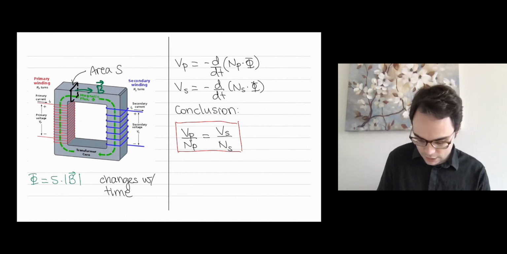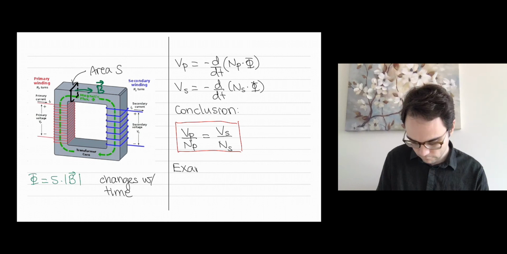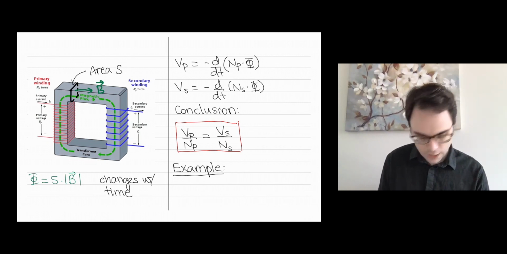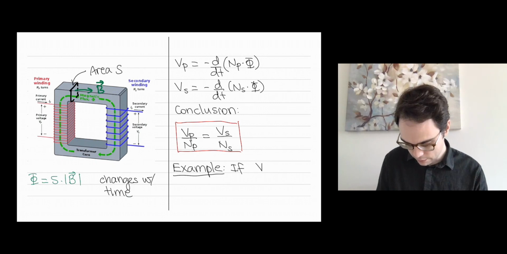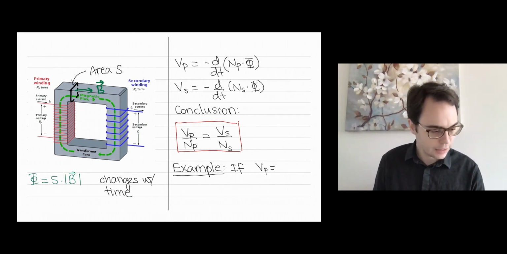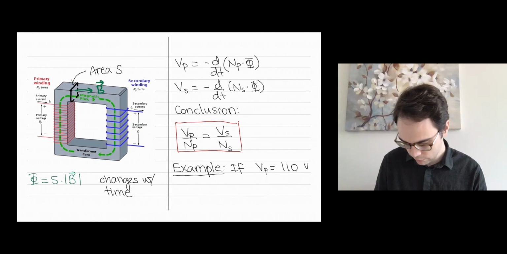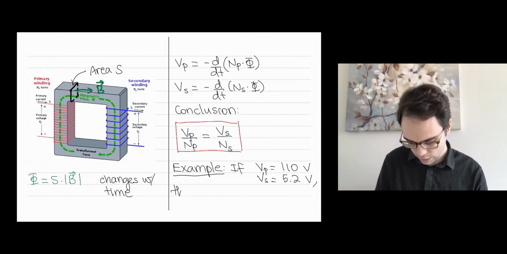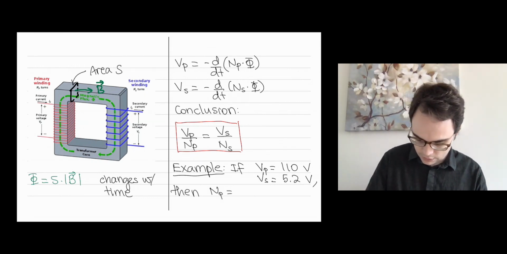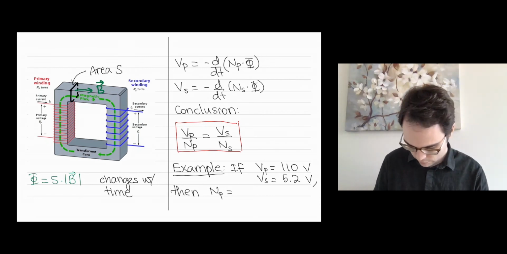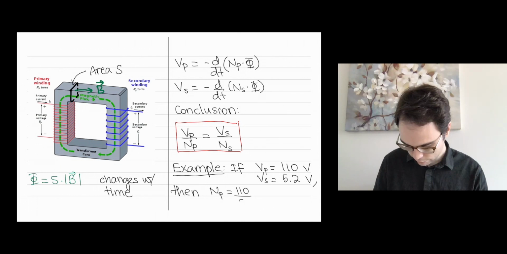So now going back to the example of Apple's charger. If the voltage in the primary winding is 110 volts and the voltage in the secondary winding is 5.2 volts, then we want the number of turns in the primary wire to be 110 over 5.2 times the number of turns in the secondary wire.